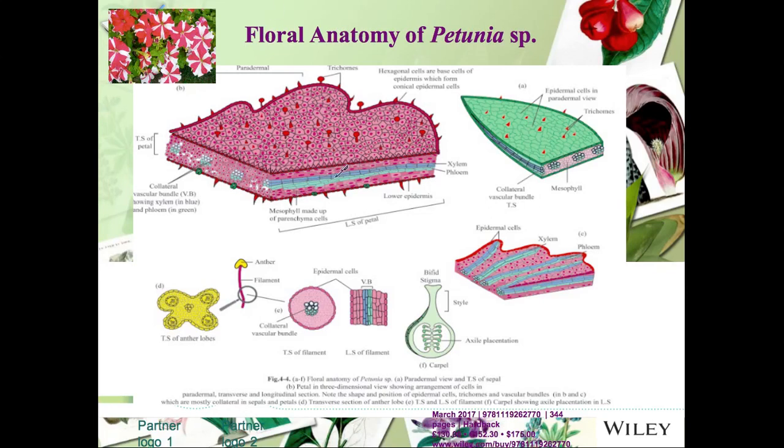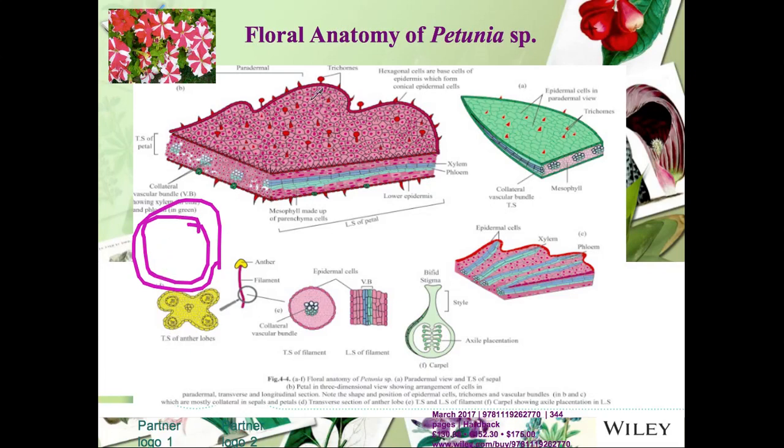In the case of petals, the difference from the sepal is that petals are actually the organs of flowers which are meant for pollination, so that's why they store pigments, and most of the time the pigments are stored in the vacuoles if they are water soluble. So in the case of sepals, this pigment is missing. However, in the petal cells, you will find this pigment stored in the vacuoles.